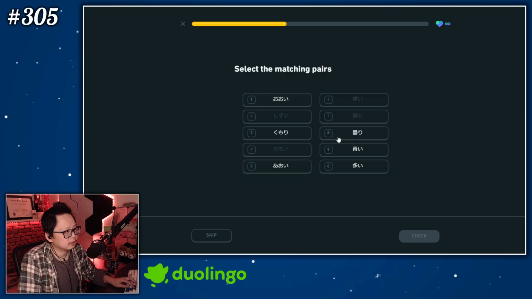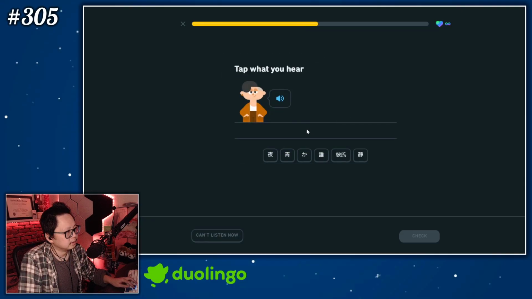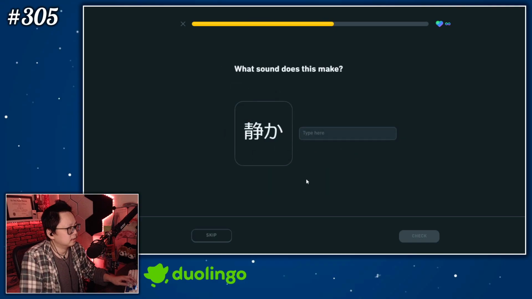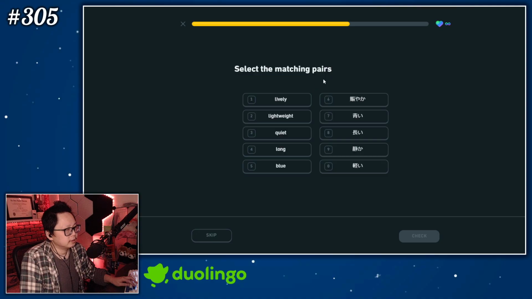Oh no. Kumori, 曇り. Ooi, 多い. Nikiyaka, にぎやか. Aoi, 青い. Nagai, 長い.